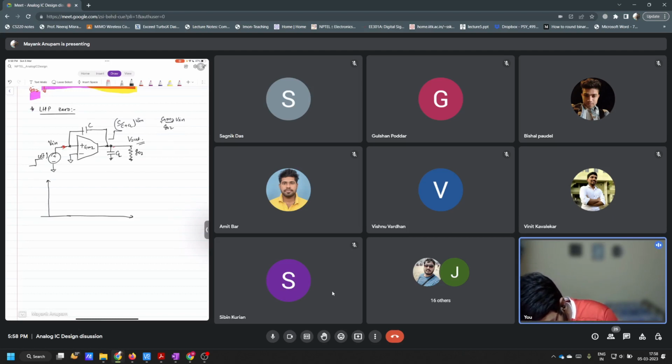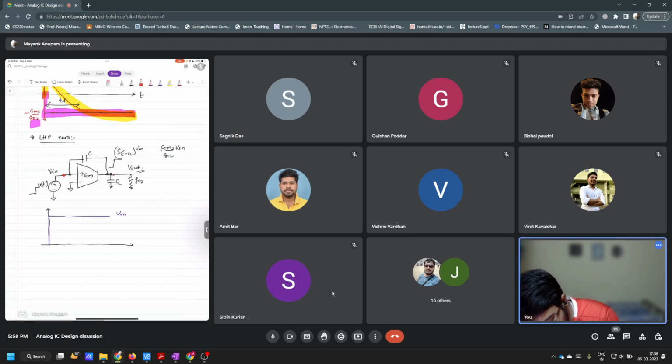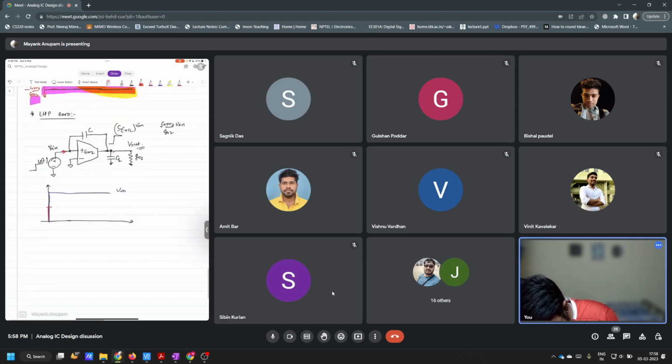Let's say this is the input V in, and the system takes an initial jump here, which is equal to C divided by C plus CL, and then from here it slowly rises, not to this value but to a different value, which is GM2 divided by G02, isn't it?